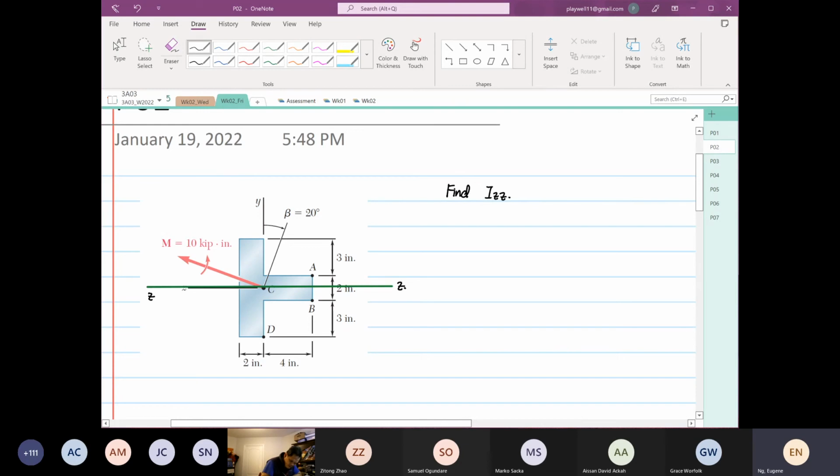Okay, so by observation, right? The centroid can be identified.